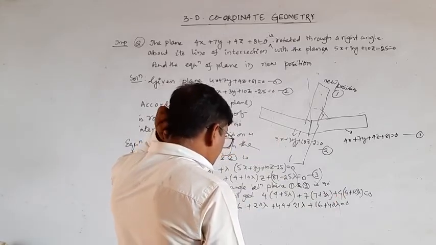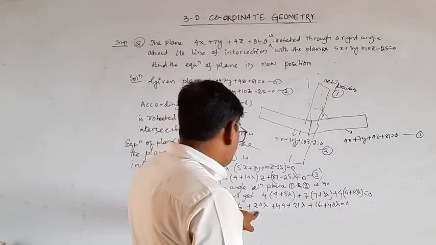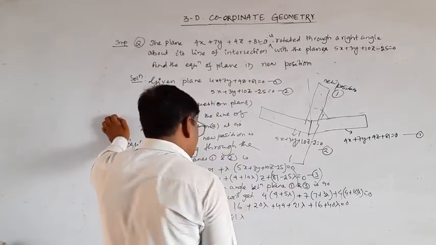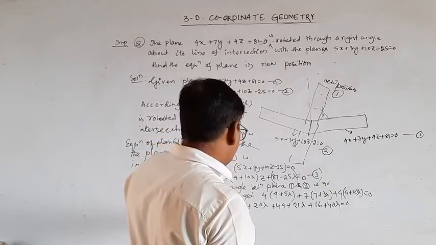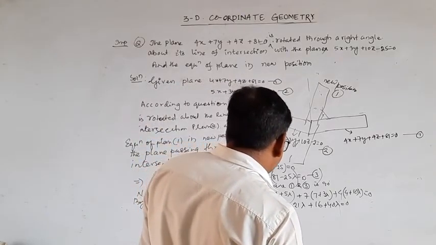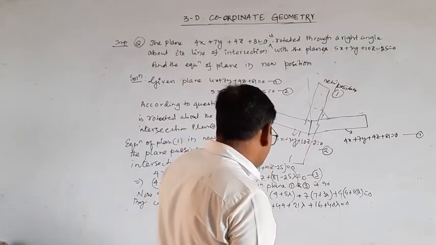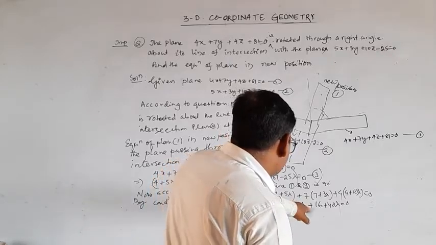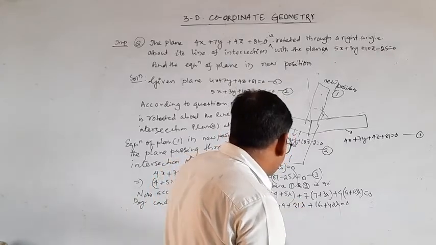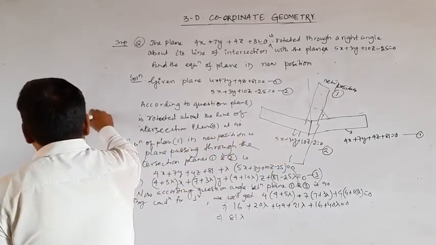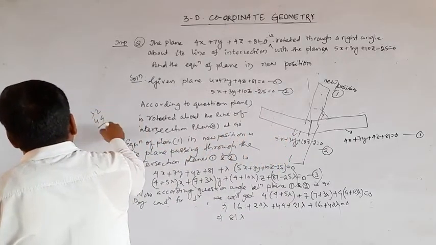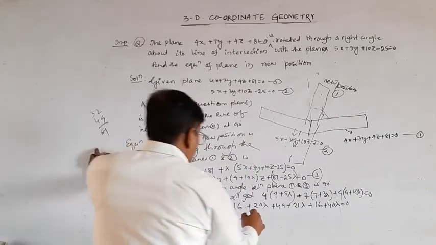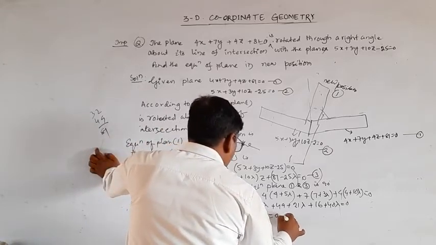So 40 lambda plus 21 lambda plus 20 lambda is 81 lambda. So 81 lambda plus 16, 32, plus 49, that is 81, is equal to 0.